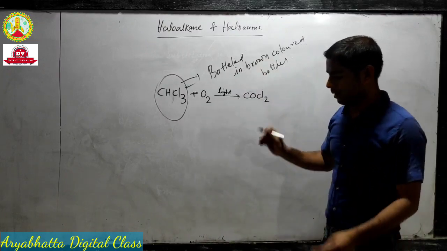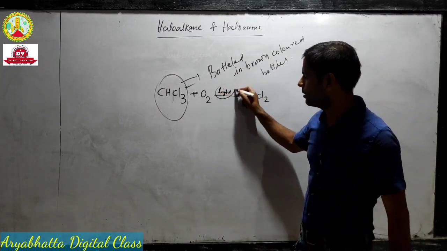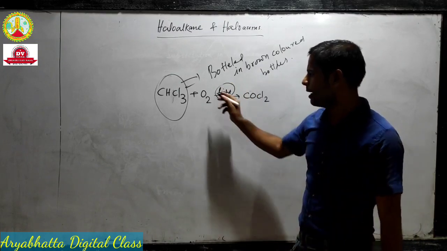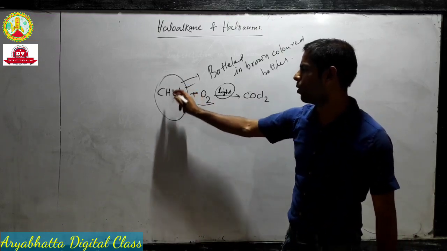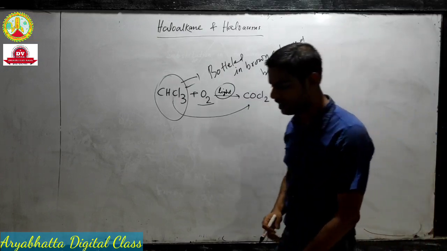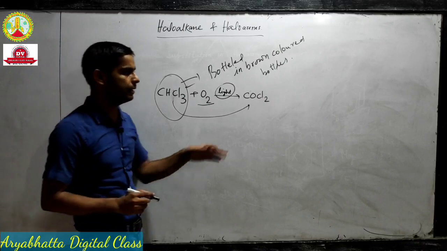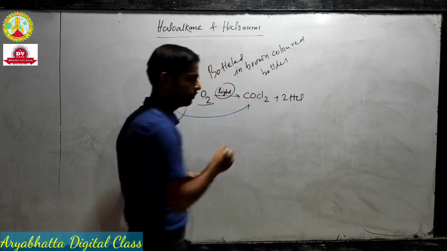Why? Because if we have a transparent bottle, light will enter through the transparent glass, and if the bottle is not airtight, we will have oxygen, and the chloroform will automatically get converted to carbonyl chloride gas. And carbonyl chloride is a very deadly poisonous gas, very, very poisonous for humans.